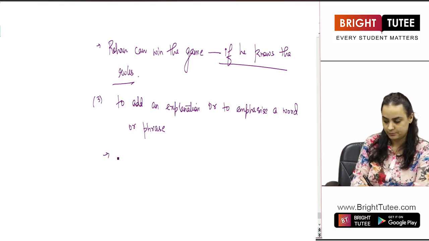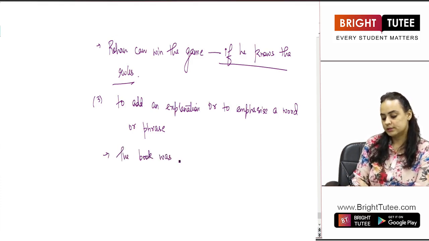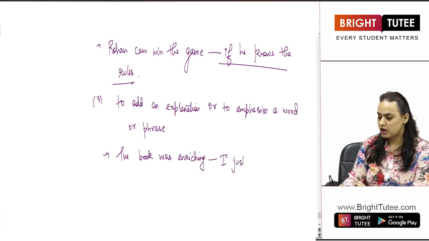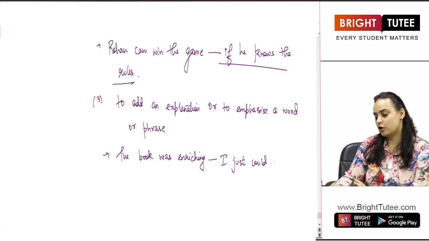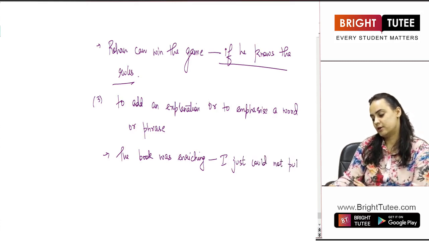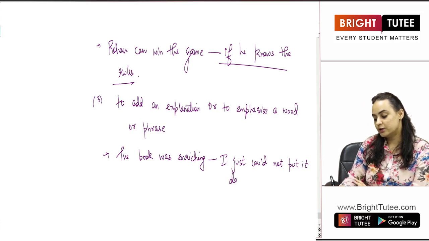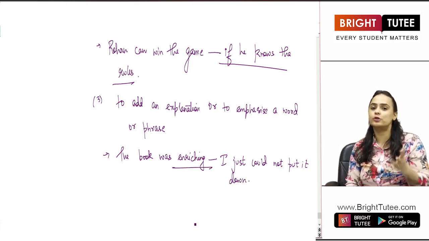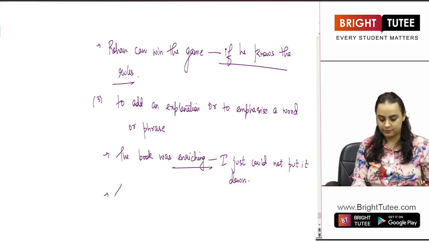For example, the book was enriching, I just could not put it down. What is the word you are emphasizing? Enriching. That the book was so good you could not put it down.